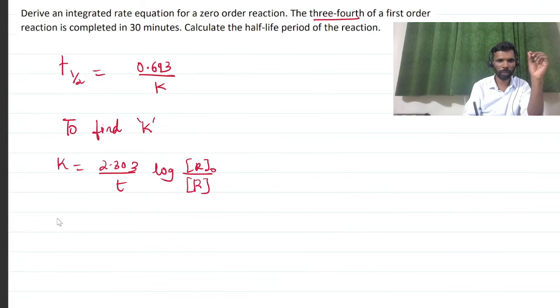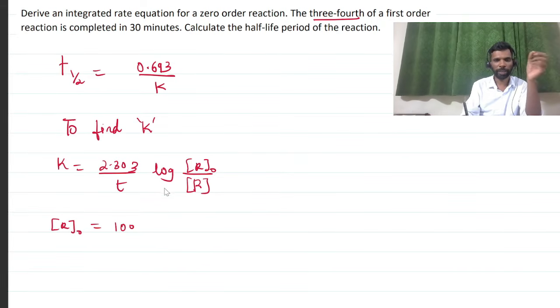So I'll write over here R0 is what? Let's say R0 is, let's take 100 only. I can take 1 also, no issue. We'll take 100. Okay. And 3/4 of this reaction is complete. Means R will be is equal to what?